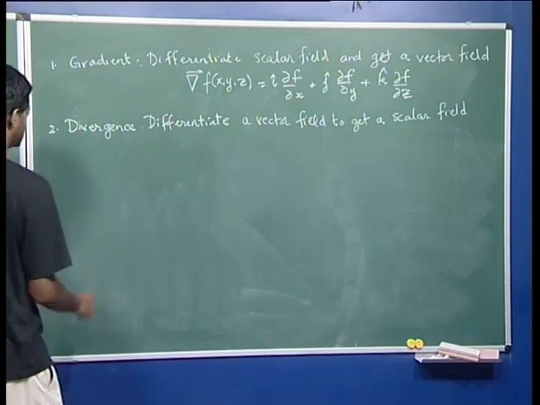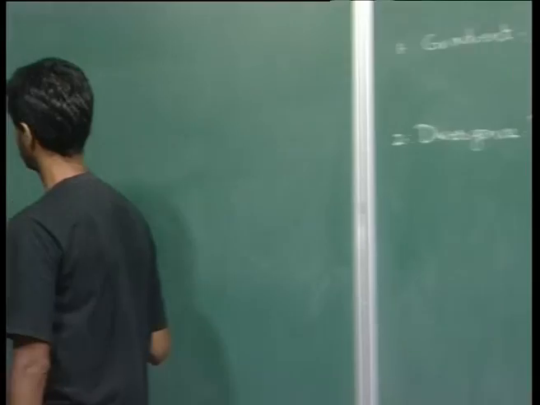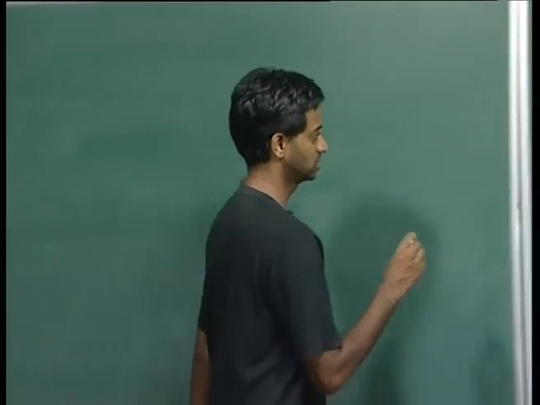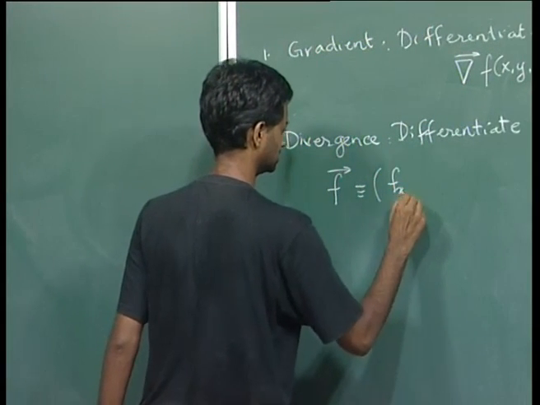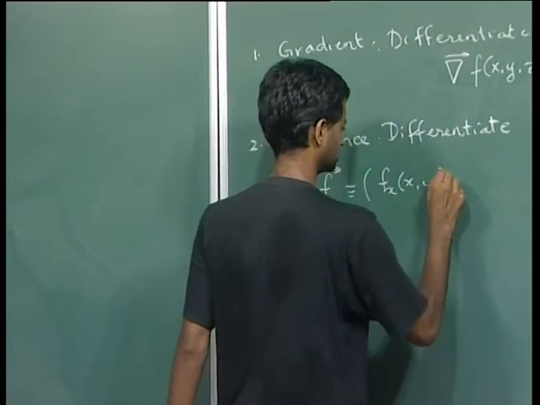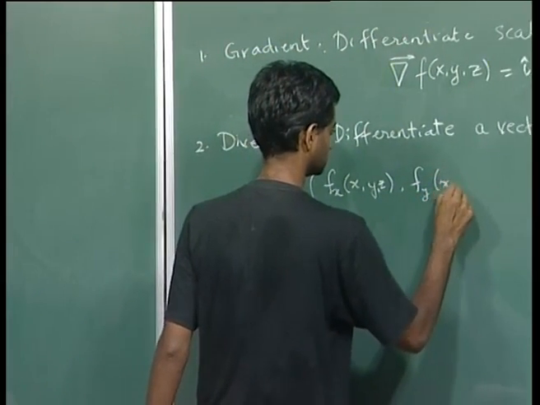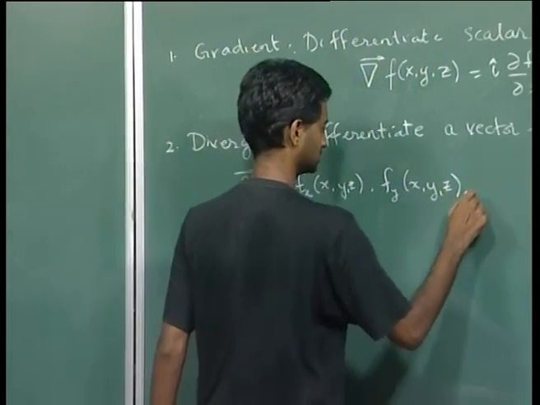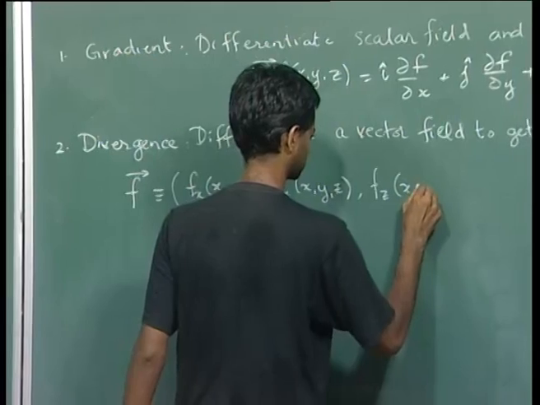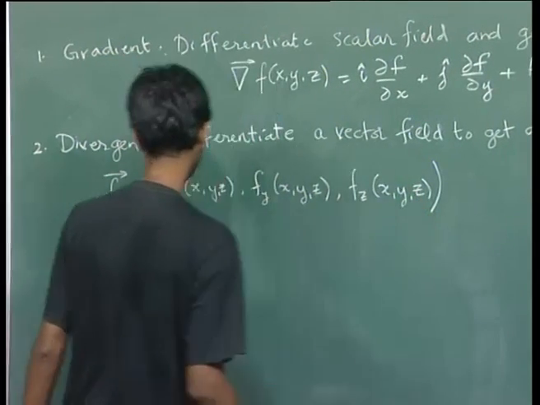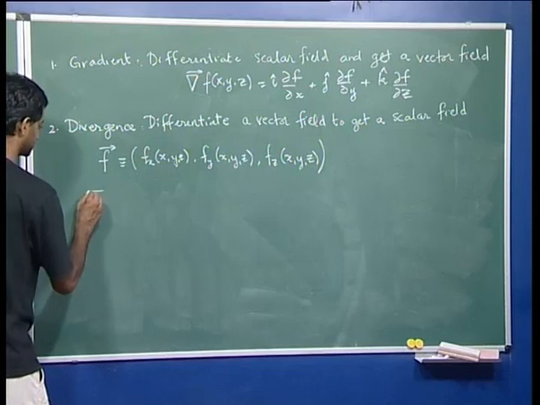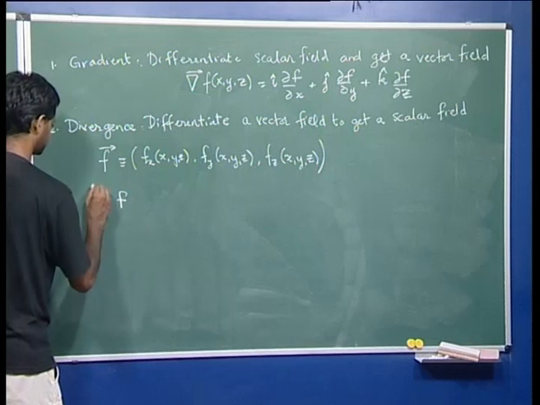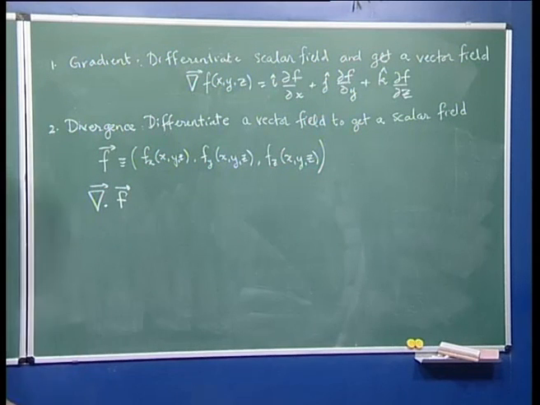So here you have a vector field with various components. So if you had a vector field f with various components, f x, f y, f z, each a function of x, y, z. Okay. Now the divergence of f is written as del dot f. And it will become very clear why it is denoted in this way.